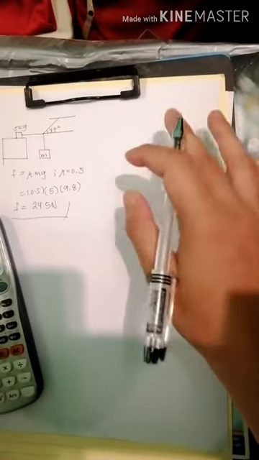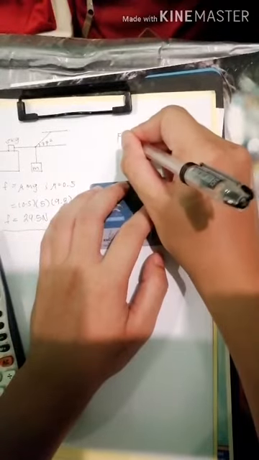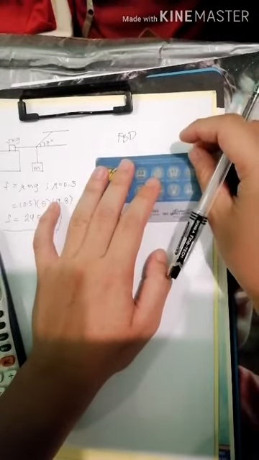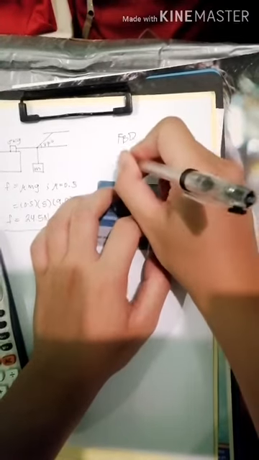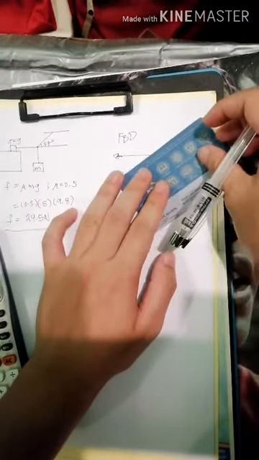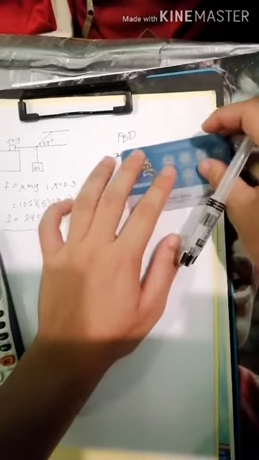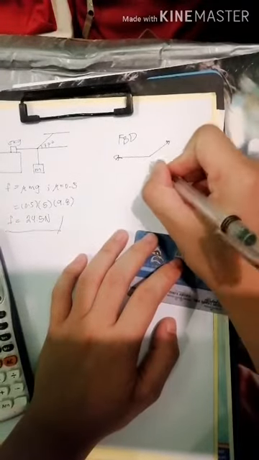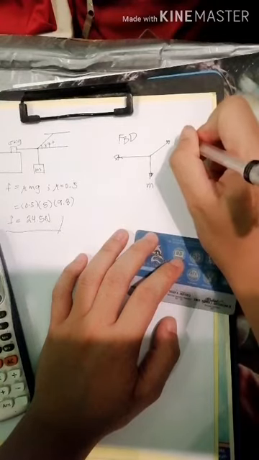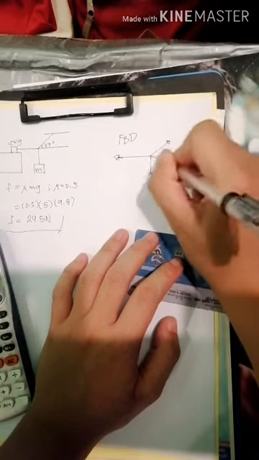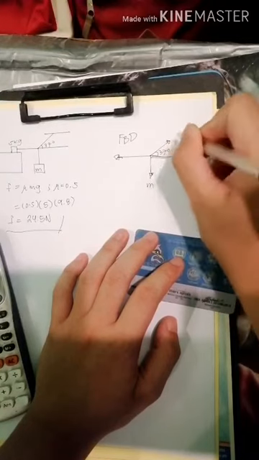Next is drawing natin yung FBD. So, ito yung mass. Ito yung 37 degrees.